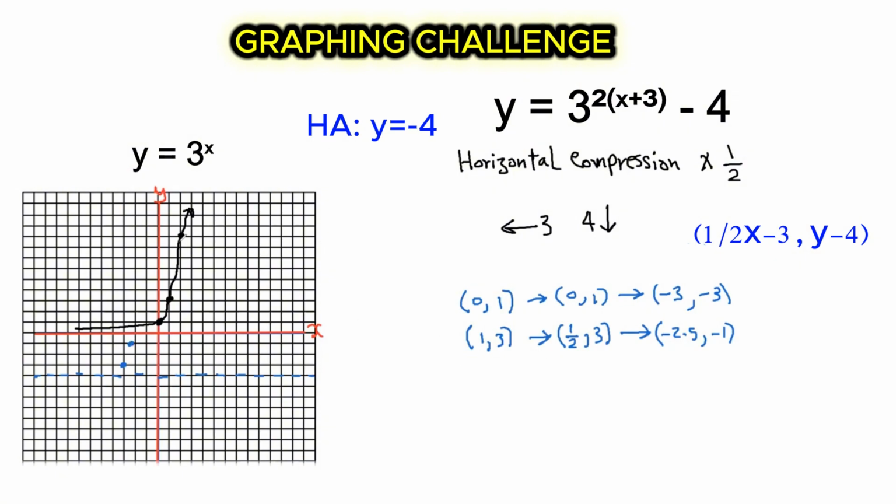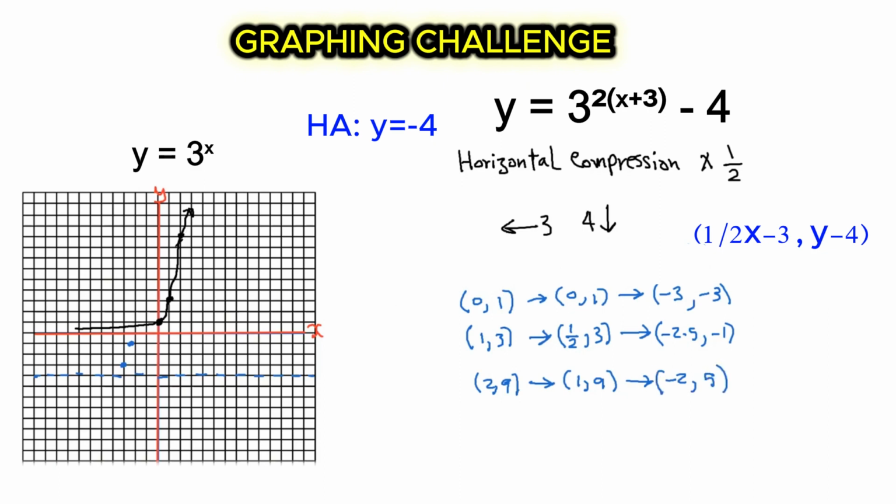And now that leaves us with our last point, which is 2 and 9. So for the 2 and 9, if you multiply the 2 by a half, you just get 1. So that's 1 and 9. Now again, take away 3 from the x and take away 4 from the y, and that will give you -2 and 5 as your last point on the graph.